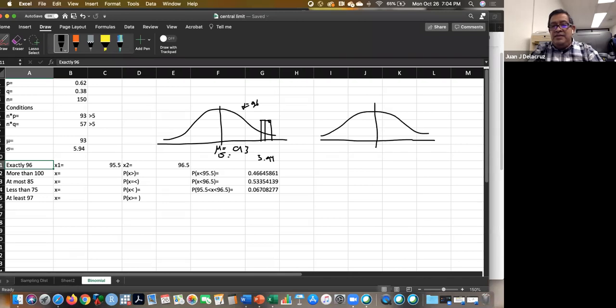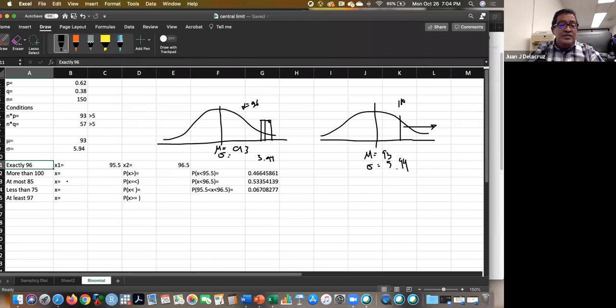We have the mean, which is 93. According to my computations, we have a sigma, which is equal to 5.94. And now I'm gonna find the area under the curve that is greater than 100. So I'm gonna measure the area to the right, right?